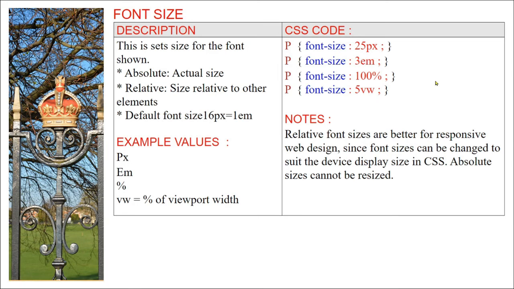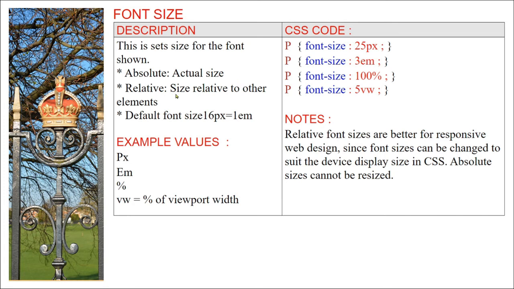Values for font size are normally given as absolute, so you can set it to say 25 pixels, for example. Each pixel is one dot on your computer screen or your tablet or phone screen, so each letter takes up 25 pixels.